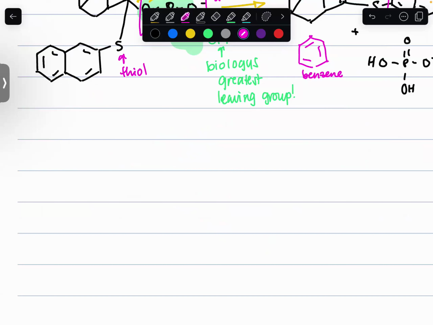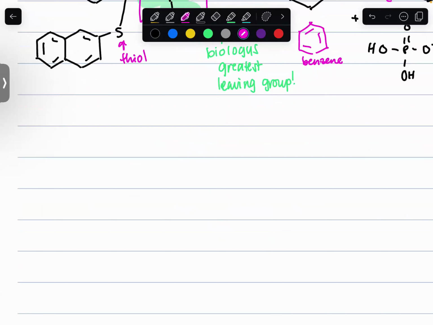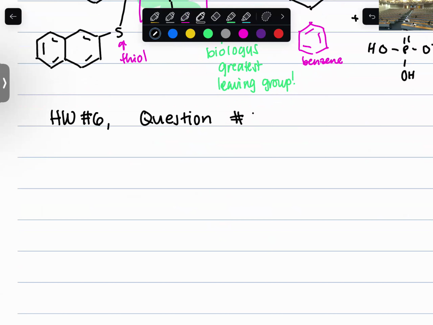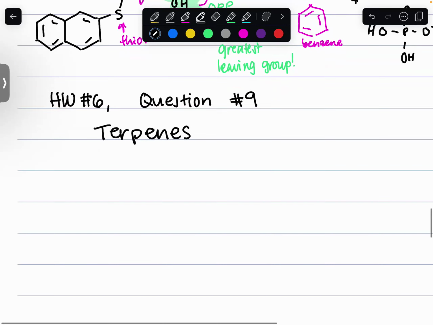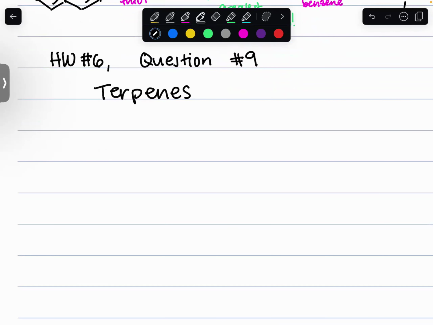Terpenes. With terpenes, you're going to try and get the folding to be as close to the final product as you can.